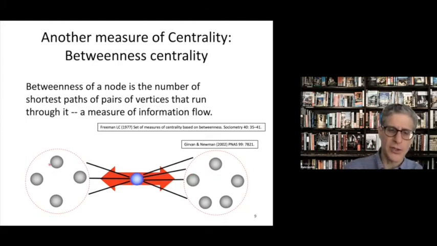So if you look at all the shortest paths, say the shortest path between this and this, this and this, and then you look at the path they traverse and you count how many shortest paths go through every particular node, a node with high betweenness or a bottleneck will have many shortest paths going through them. And people think of this metric as a measure of information flow.